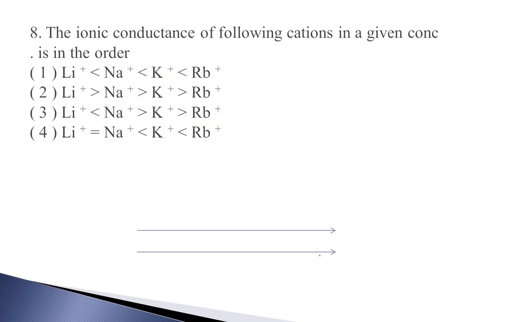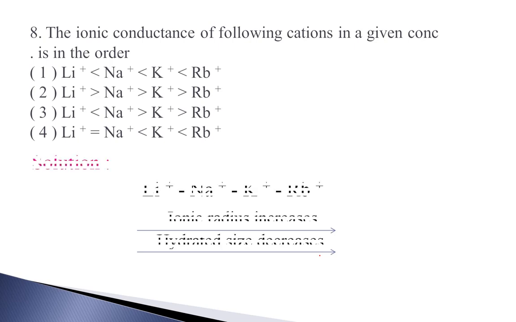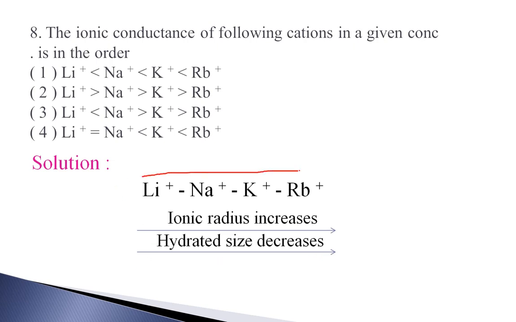Next question, the ionic conductance of the following cations in a given order is. Here ionic radius increases from lithium to rubidium, and hydrated size decreases from lithium to rubidium.